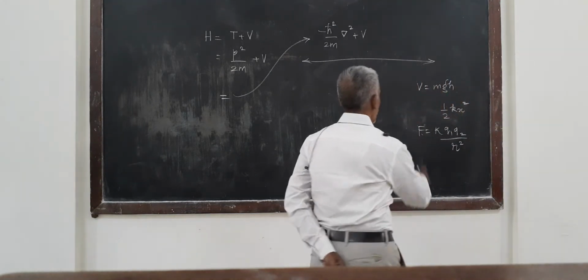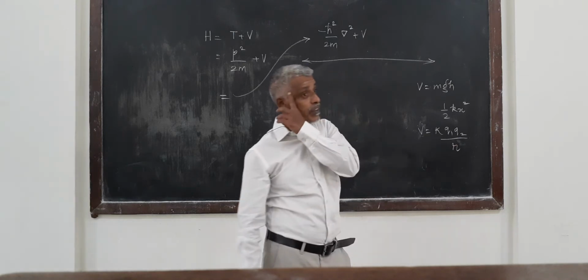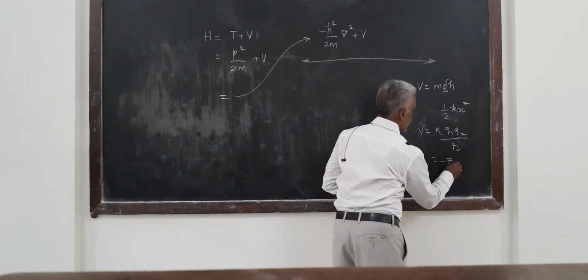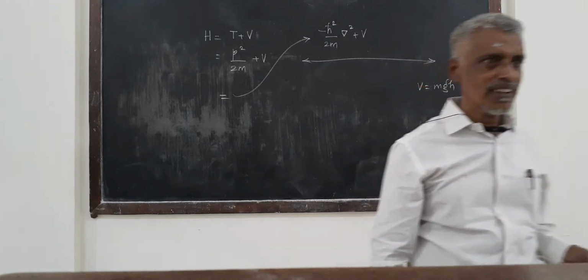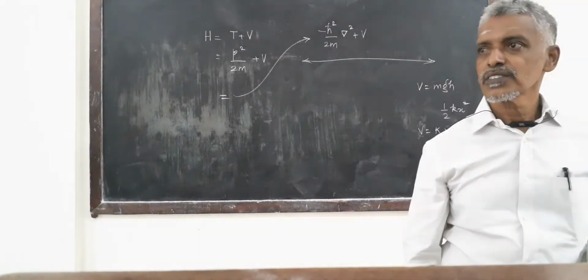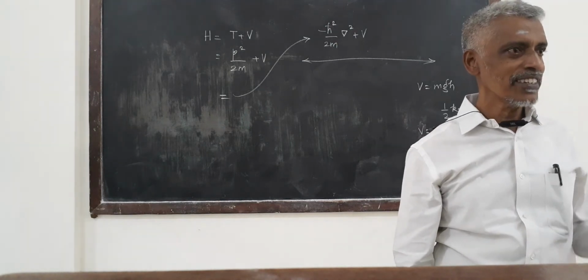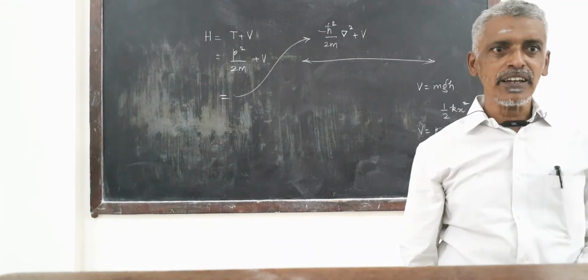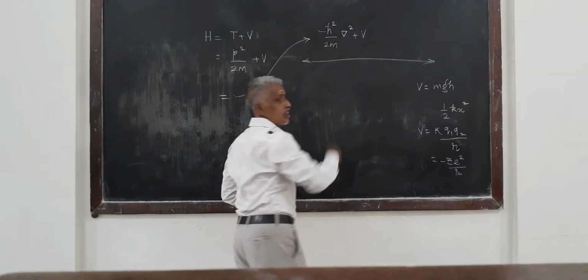So V is equal to K by R. Now V is equal to minus Z e squared by R. You would have seen this: the charge and charge, and R is there. Now we have to make use of this V in this place.